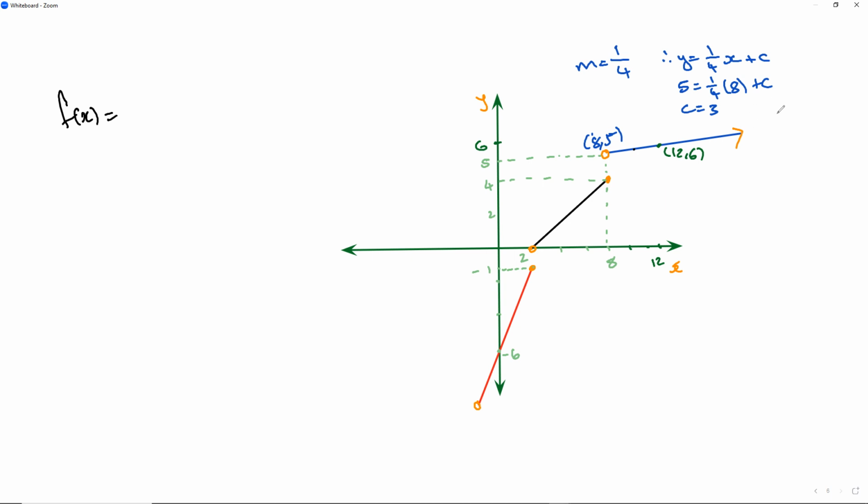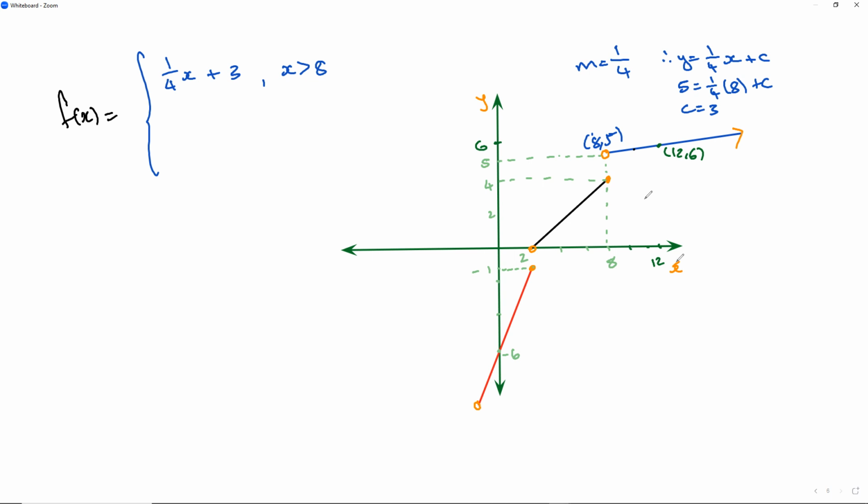Okay, so this becomes y equals 1/4 x plus 3, and my restriction is that x is greater than 8.